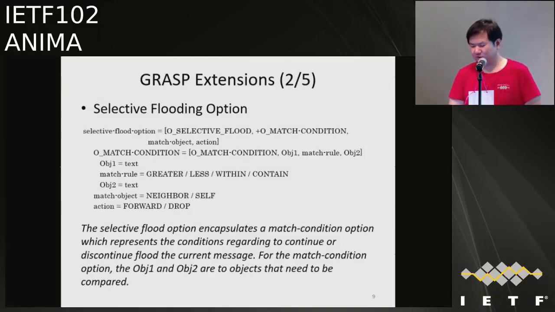For example, there are two objects that need to be matched. One simple example is that object one could be the role of the current device, and object two could be a predefined role. For example, if this role is a CSG in the IP run, then it just drops the message. It's just a simple example.